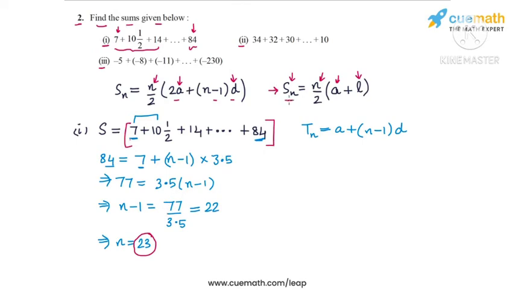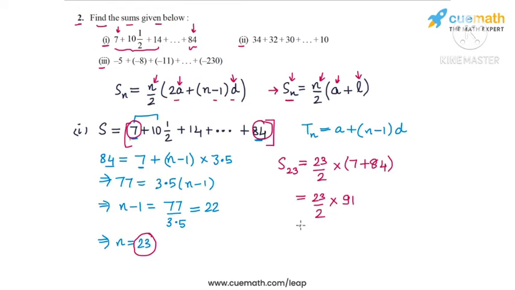Now that we have the number of terms, we can apply this formula Sn equal to n by 2 times (a plus l). So S23, or the sum of these 23 terms, is equal to 23 by 2 into (a plus l). What is a? a is the first term, 7, and l is the last term, which is 84. So 23 by 2 into (7 plus 84), or 23 by 2 into 91.